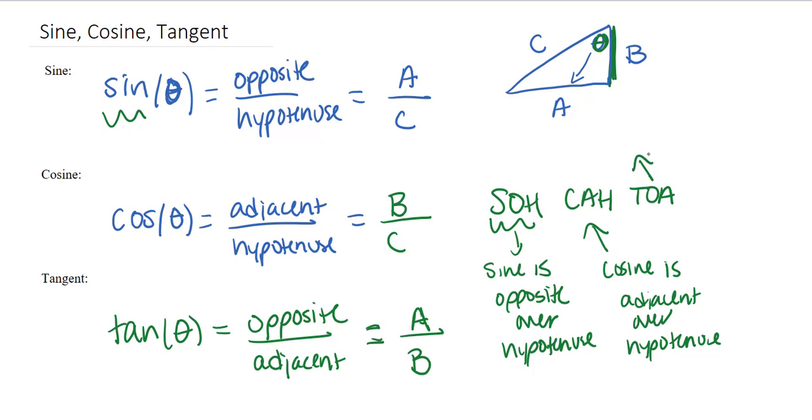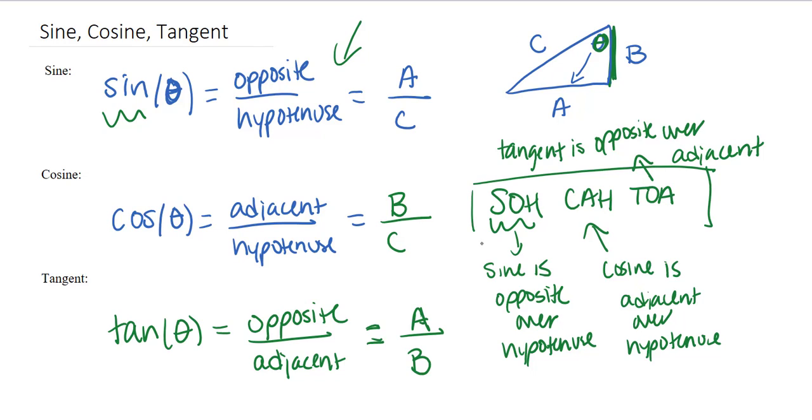And toa, or however you want to say it, is tangent, which is opposite over adjacent. So some people can just remember it from this, but other times, people need to say this little acronym in order to remember what side is over what.